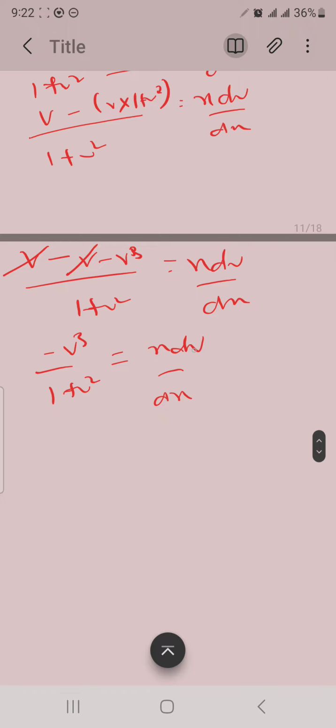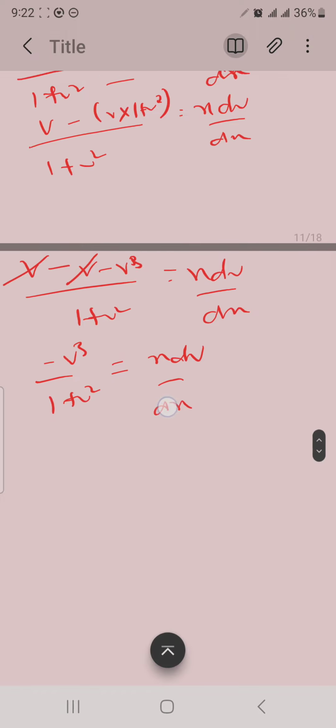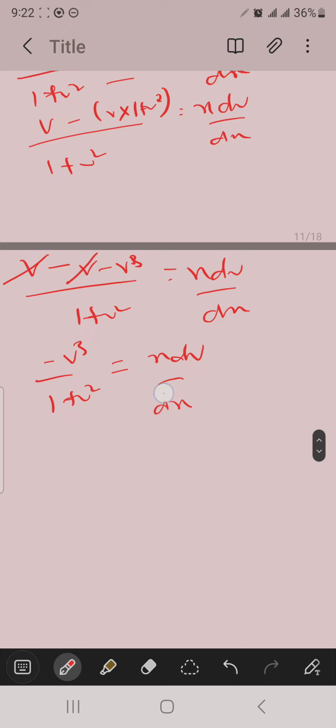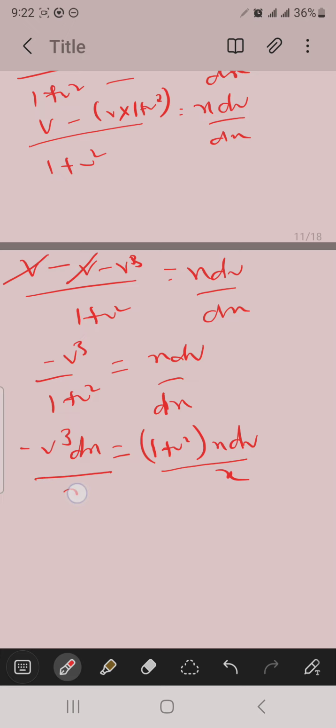Now, I want to have this dv here. To make it understandable, let me cross multiply first. This is going to be minus v cubed dx equals 1 plus v squared times x dv. So the dv should come here, and x should come here, and this minus v cubed should come here as well.